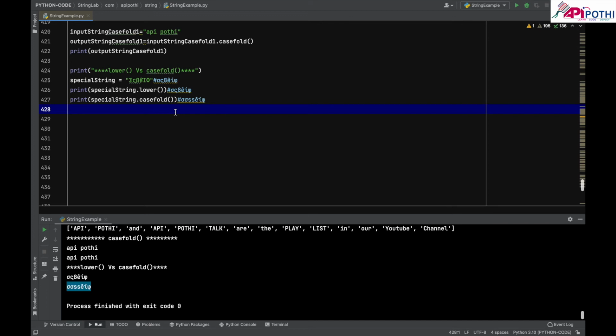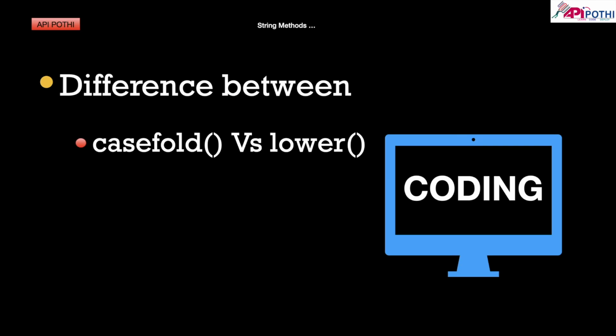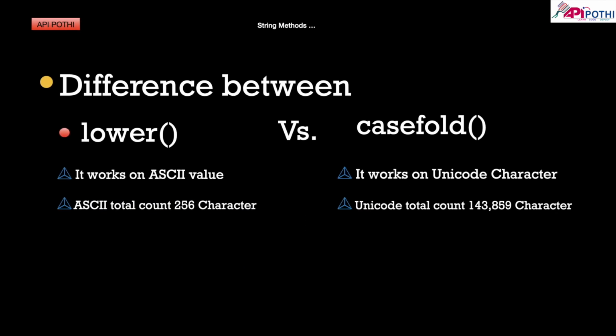Now we need to understand the mechanism behind the lower method as well as the casefold method. Coming to the PPT, how casefold and lower methods are working internally. Here, the lower method is working on the ASCII value, whereas the casefold method is working on the Unicode character.